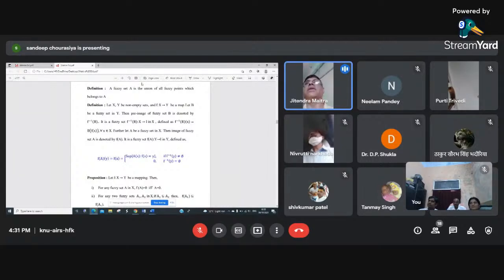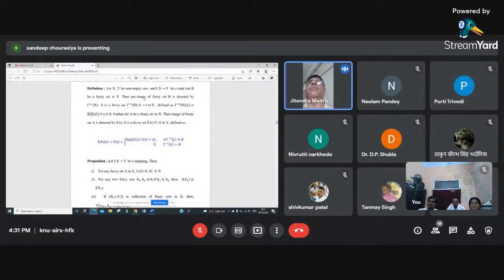Now, suppose S is a mapping from set capital X to set capital Y. Here you see that capital X and capital Y are crisp sets, and that is a mapping from capital X to capital Y. That is our crisp mapping which we have already studied at school level. That is simply the classical definition.